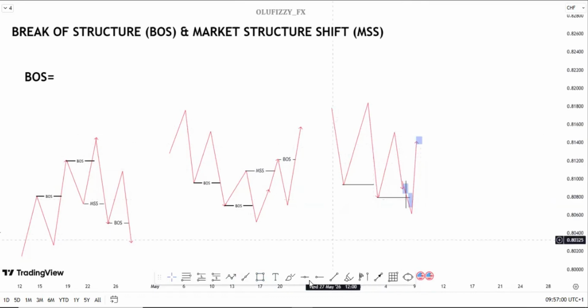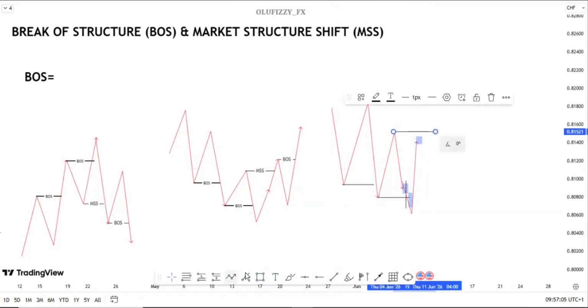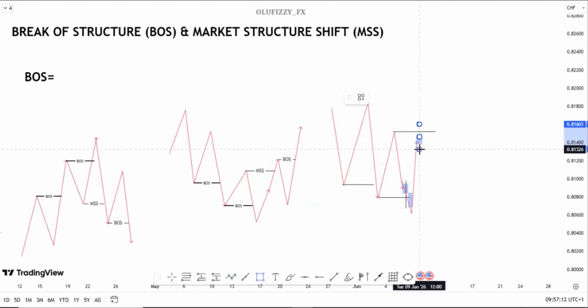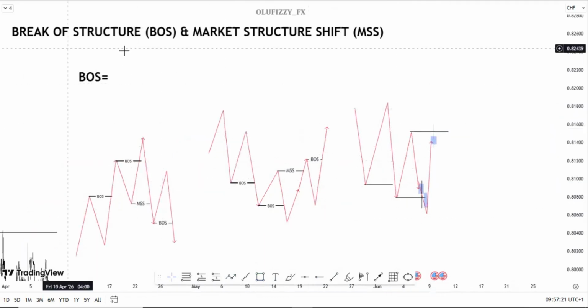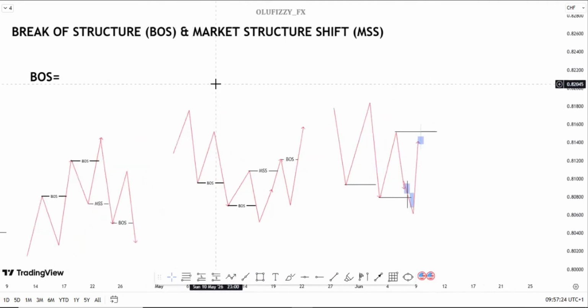So this is not a true market structure shift because the body doesn't close above that zone. That is how you can know a true break when it comes to market structure shifts and break of structure.